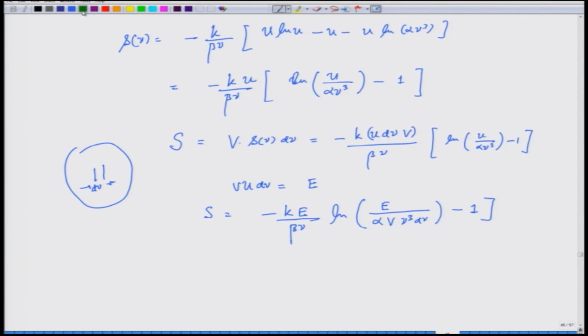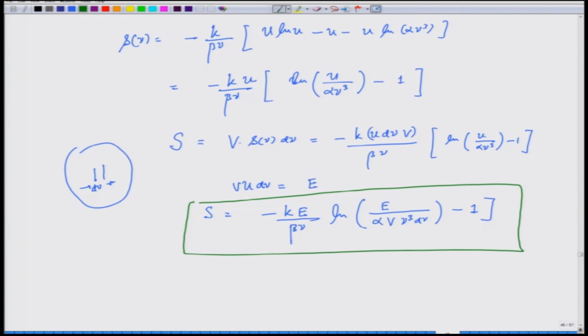This is the entropy of radiation between frequency nu and nu plus d nu, in volume V.